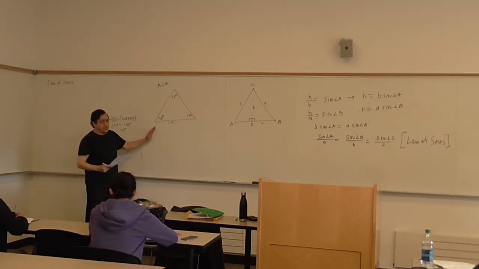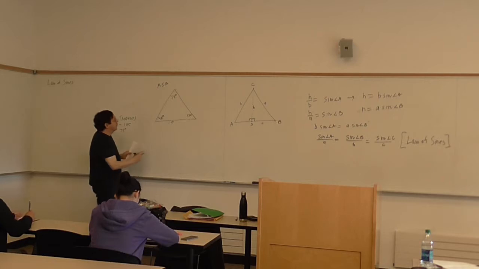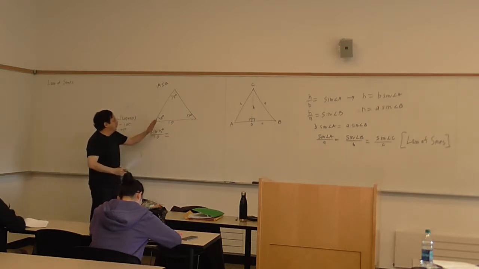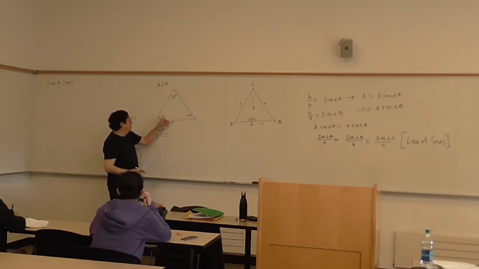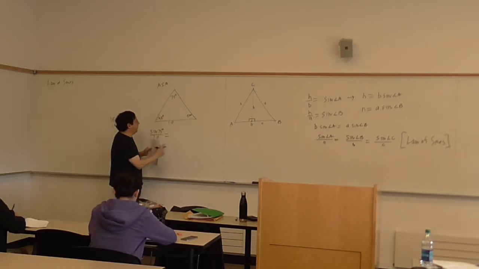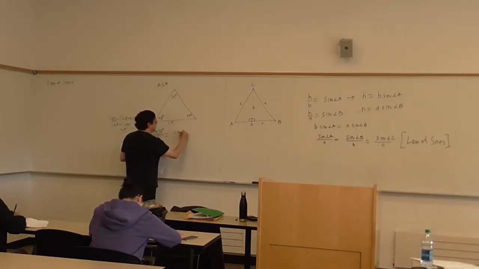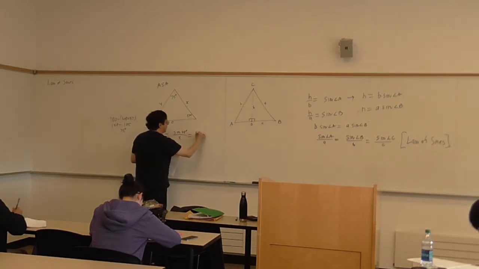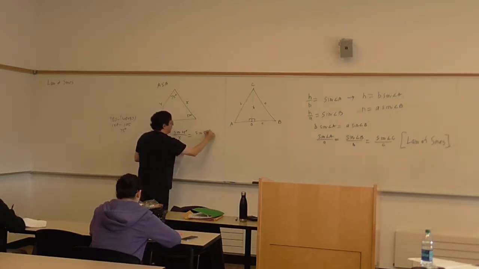So the law of sines tells us that the sine of 75 degrees over 10, that's the same ratio as, let's say, the sine of 48 over, let's call this side x, and we'll call this y. That's also equal to the sine of 57 degrees over y.